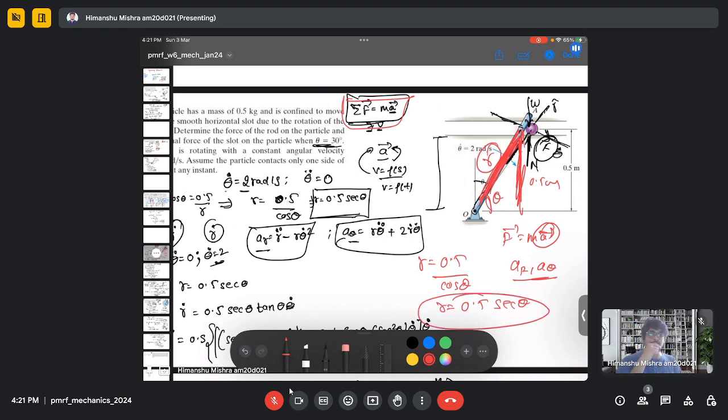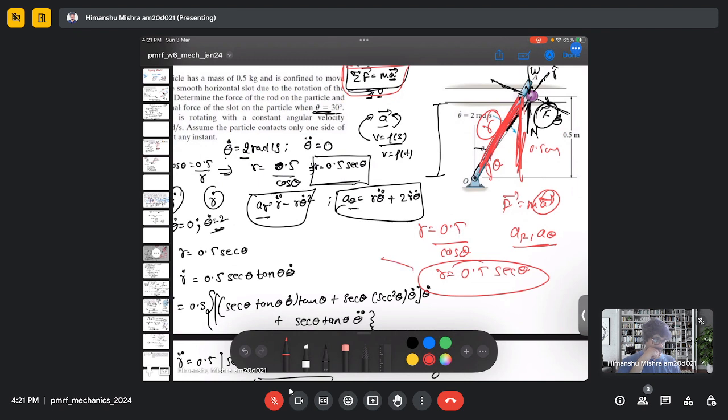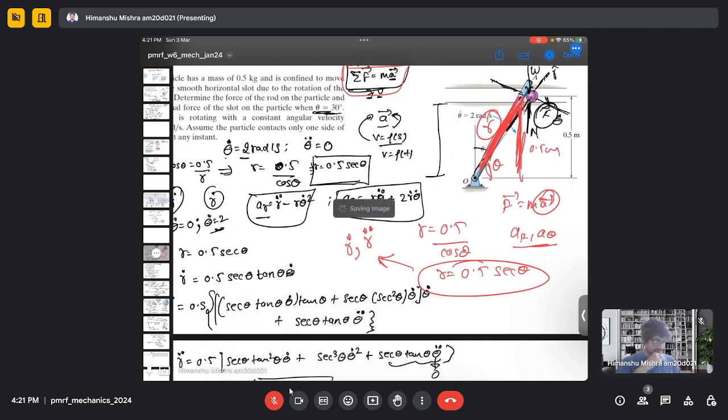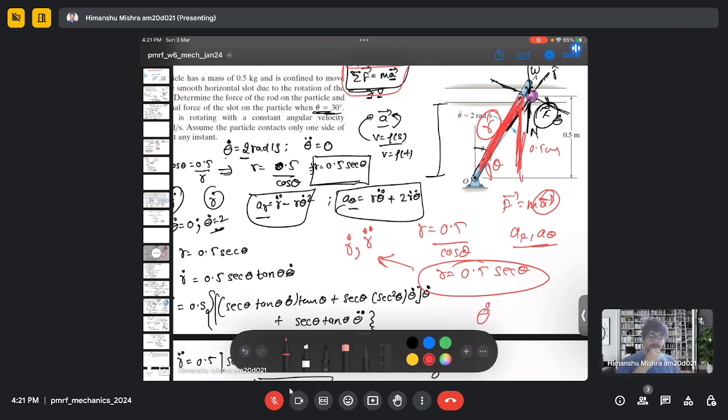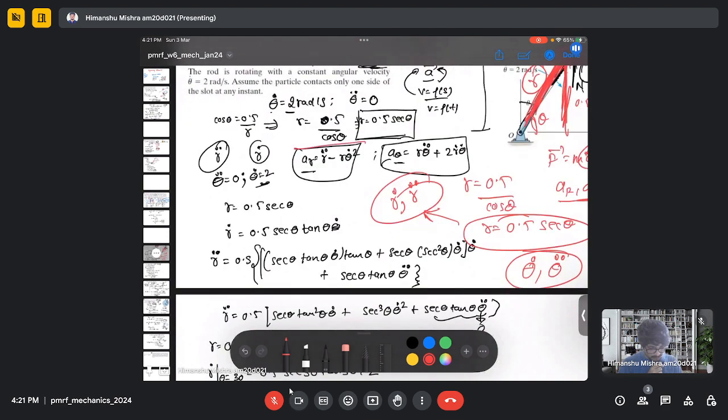Once you write down r, you derive its velocity as well as its acceleration. You have also been given theta dot, and you find theta double dot as well. So by using these variables, you found the components of the acceleration.